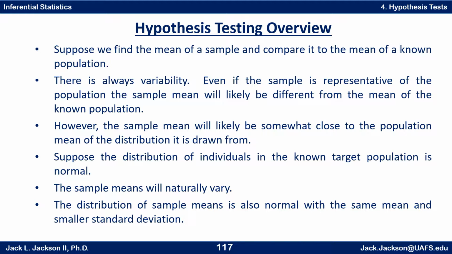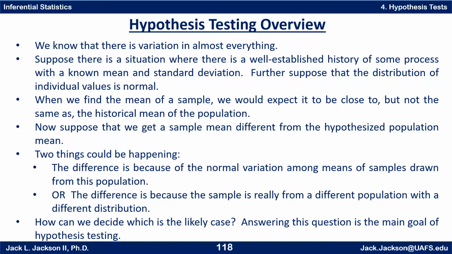Suppose the distribution of individuals in the known target population is normal. The sample means will vary naturally. The distribution of sample means is also normal with the same mean, but a smaller standard deviation. This is what we know from our work with sampling distributions.